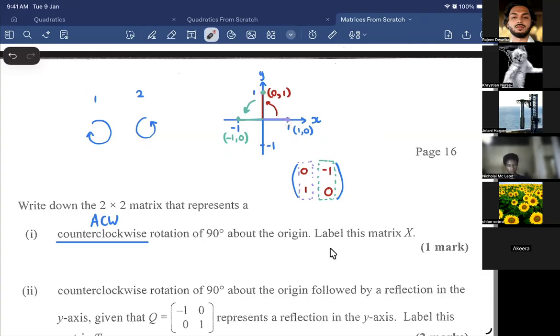Now, you will hear these terms when you start doing engineering maths. But Nikolai, 1, 0 really just represents one space to the right, think about it. Isn't that what 1, 0 represents? Yes, sir.